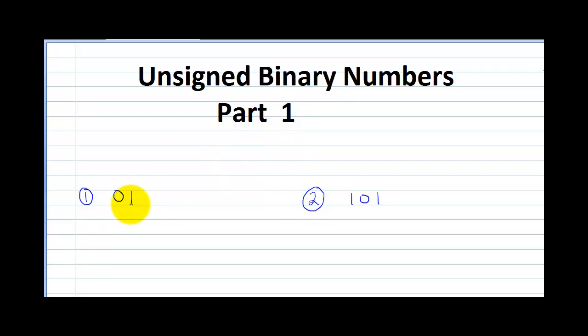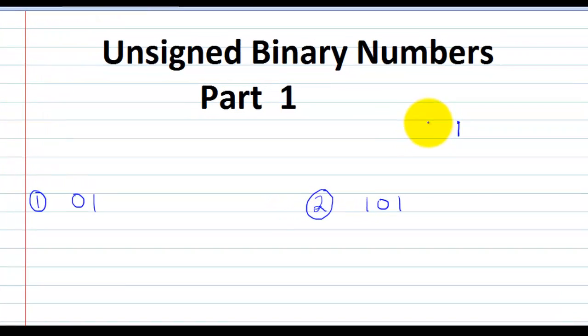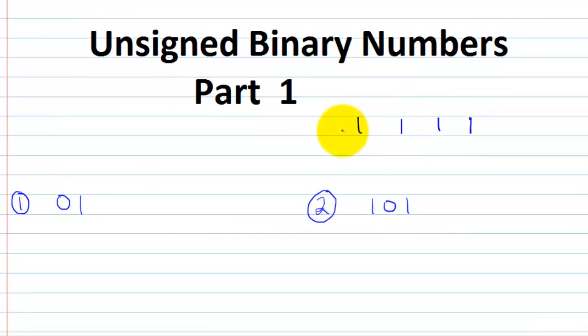So if I have 1, 1, 1, 1, 1, 1, in computers we always start with 0 at the first one, the 0 place. This is the first place, second place, third place, fourth place, fifth place.